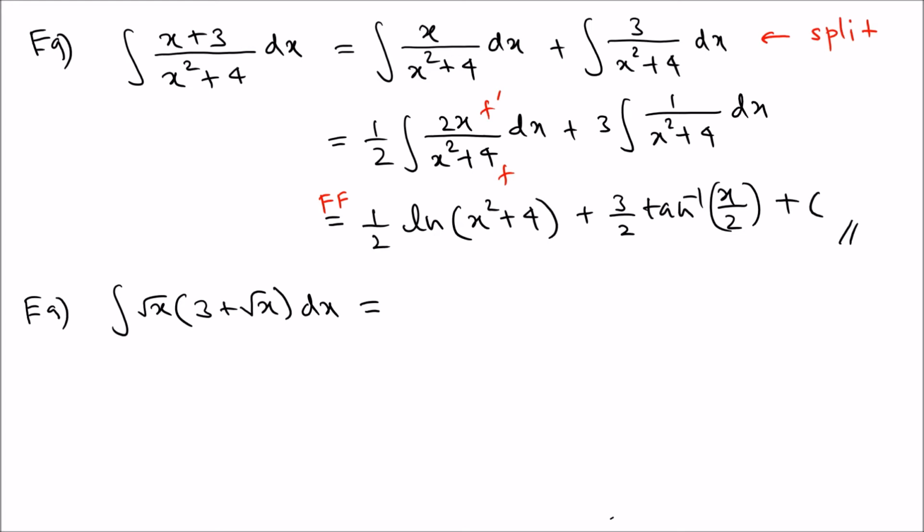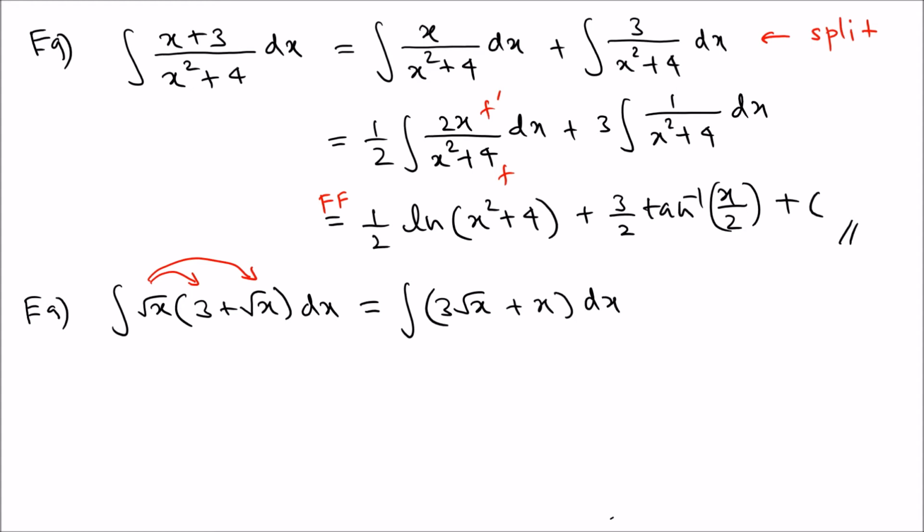So what we can do is distribute, multiply through. You can multiply inside by this one, so you multiply this term and that term both. Once you do it, you get 3 square root x, and plus, when you multiply square root x by square root x, you get x.